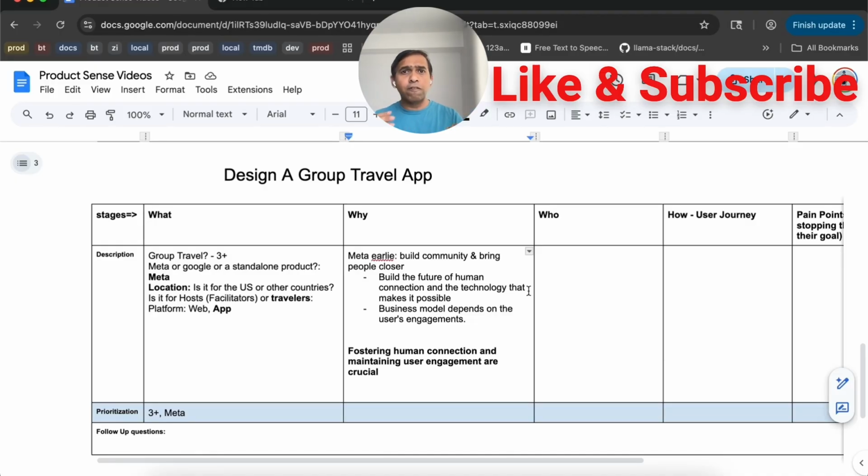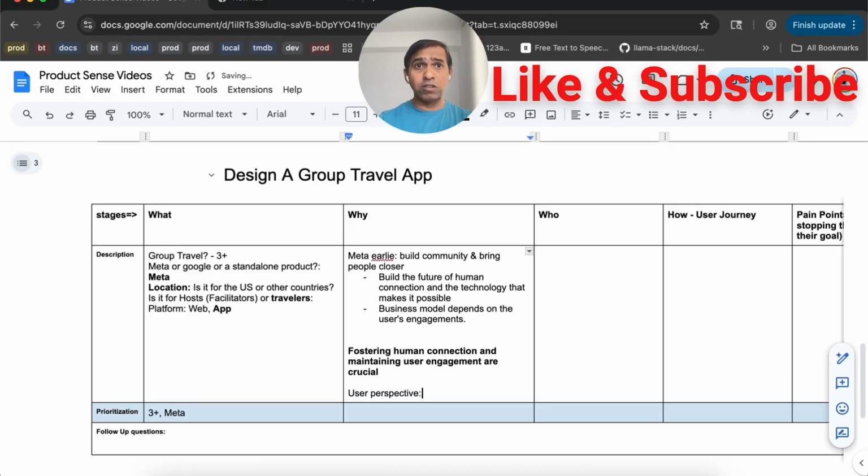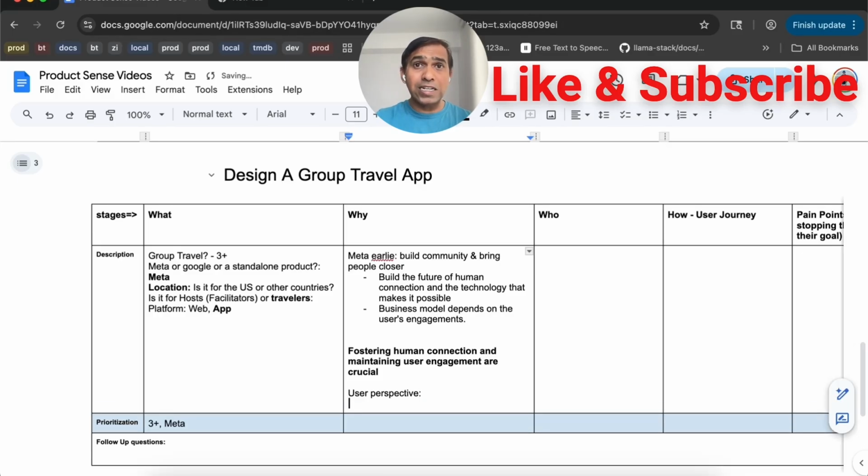Now, think from the users' perspective. With over 3.5 billion users, Meta apps are the primary platform for connecting with friends, sharing updates, photos, and videos. A group travel solution would seamlessly integrate with these existing use cases and user expectations.